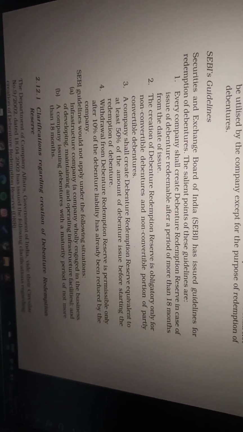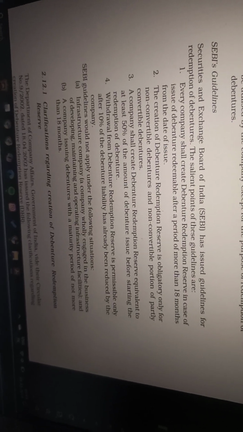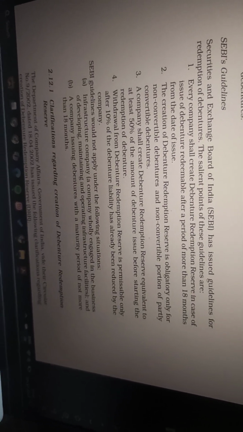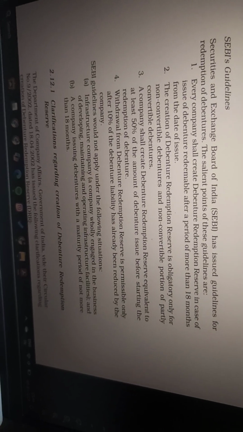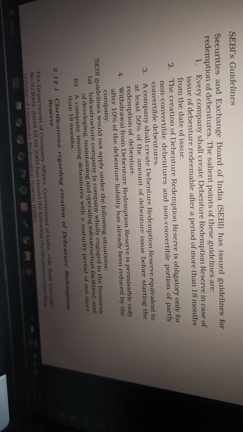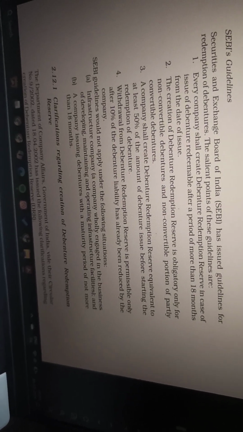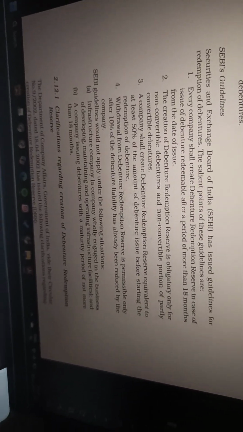And as per the SEBI guidelines, Securities and Exchange Board of India, the creation of the debenture redemption reserve is obligatory, and the company should create a debenture redemption reserve equal to at least 50% of the amount of debentures issued after starting the redemption of debentures.